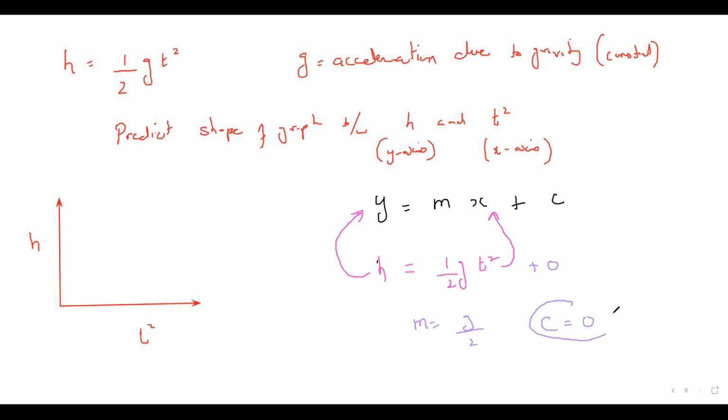So if y-intercept is 0 and gradient is g by 2, g is constant. So any constant divided by 2, what will you get? You will get a constant gradient. So when the gradient is constant and the y-intercept is 0, what will be the shape of this graph line? It will be a straight line which is passing through the origin.